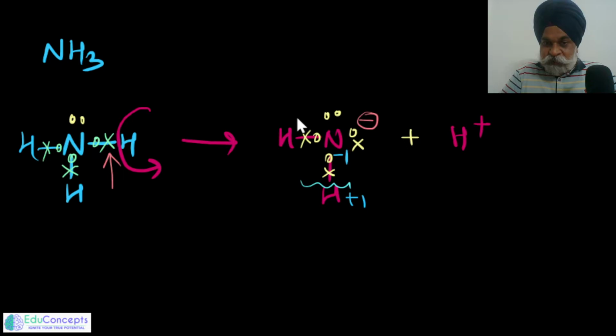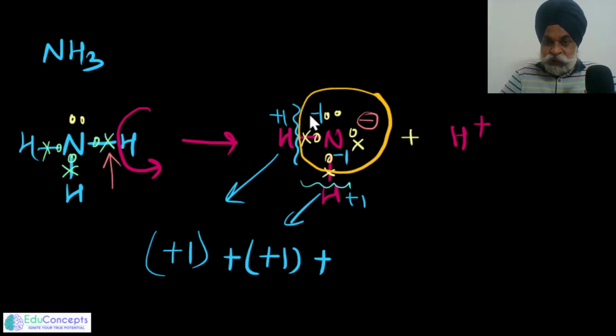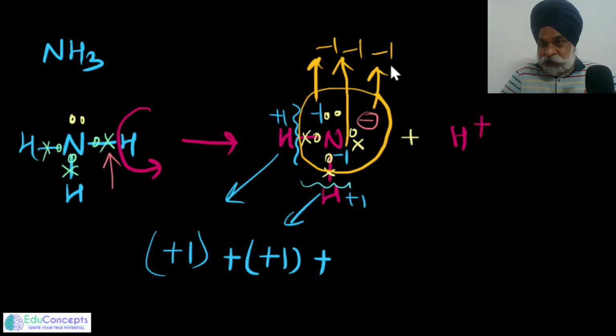Similarly, if I break it from here, this is +1, this is -1. Now if I write the total oxidation state, on this hydrogen it is +1, plus on this hydrogen it is +1, plus, and in totality, what is the total charge? This is -1, this is -1, these are the apparent charges, and this is the actual charge, that is also -1. So the sum of apparent charges and actual charges is the oxidation state of this nitrogen.